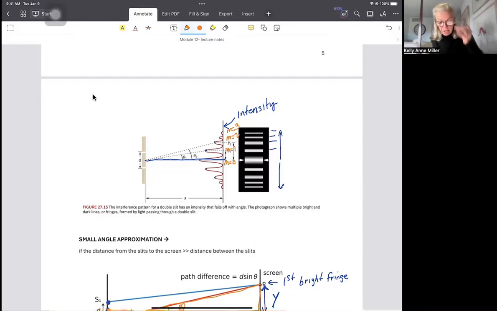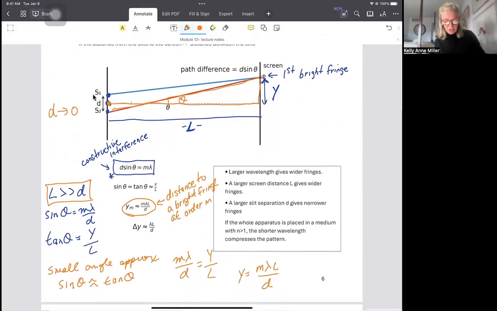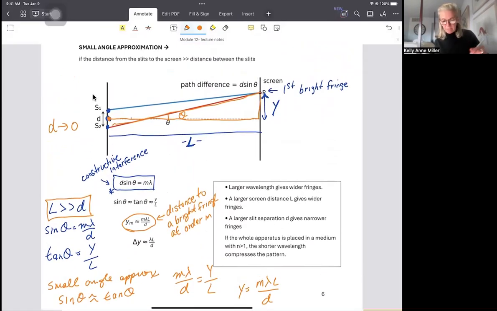Basically, each fringe is an order, and as you go from the central to the higher fringes, m gets larger. If you're trying to calculate the distance to the first bright fringe, then m would be equal to 1, so this would be y1. That tells you how far from the central spot the first bright fringe is. The central one is just referred to as the central fringe.